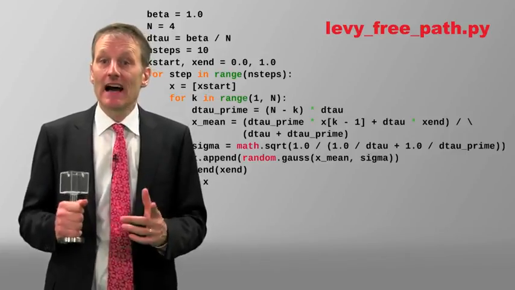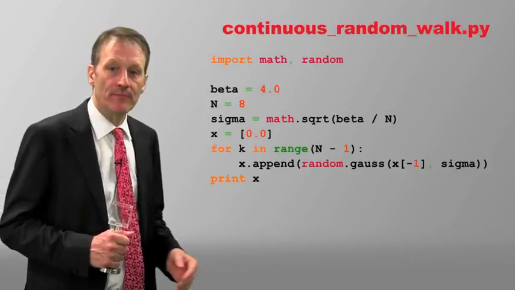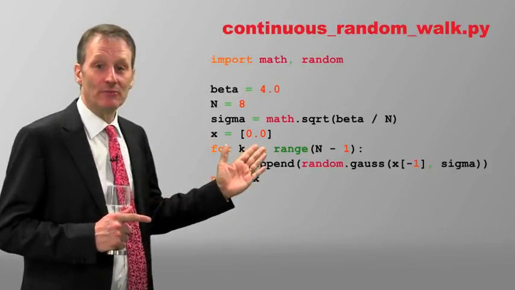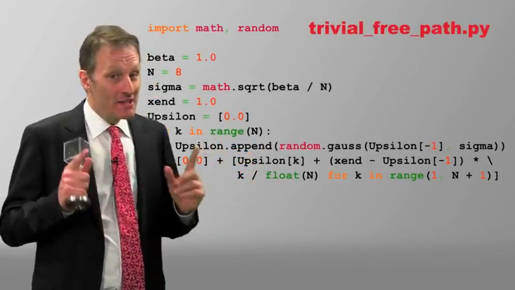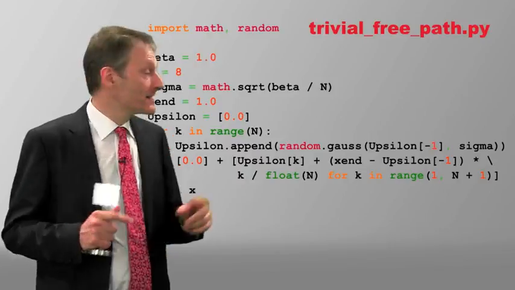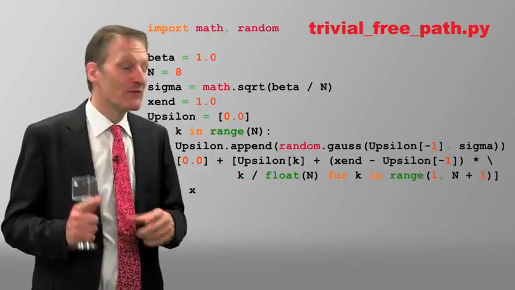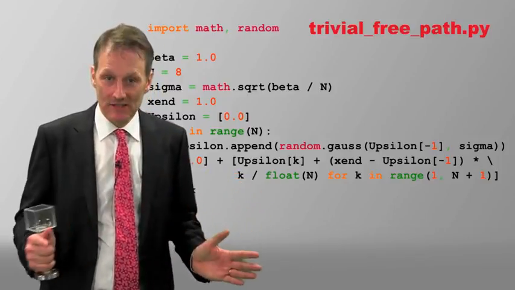Then there is the algorithm continuous_random_walk.py and the mysterious pullback algorithm trivial_free_path.py. Try to understand, at least empirically, that this algorithm gives exactly the same output as the Lévy construction.